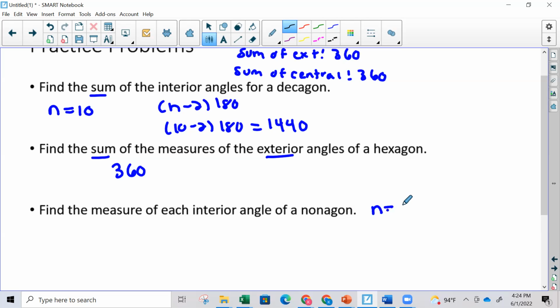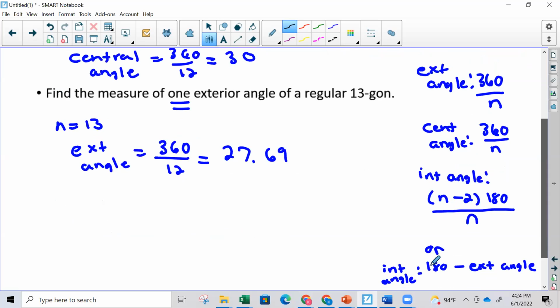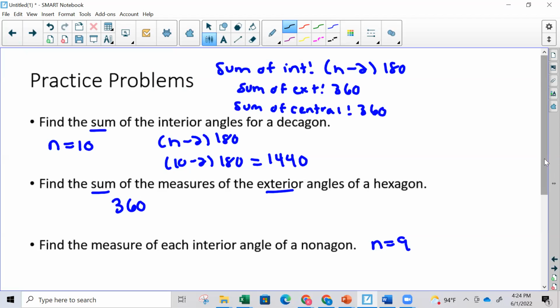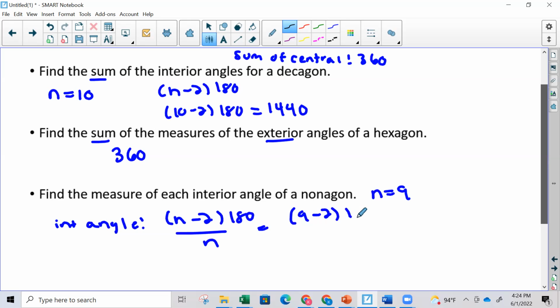A nonagon is 9. For the interior angle, we can either use this formula or this one. I'll show both ways, it's up to you. If I do the straightforward formula for the interior angle, we do n minus 2 times 180 over n. So that would be 9 minus 2 times 180 over 9.